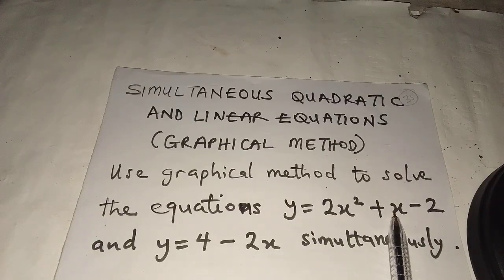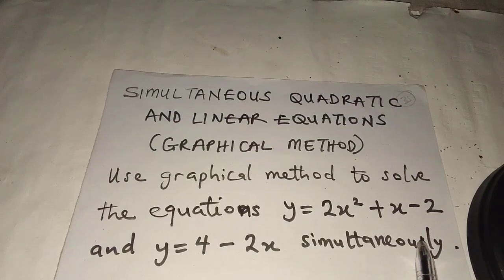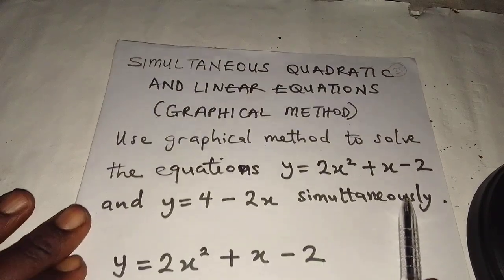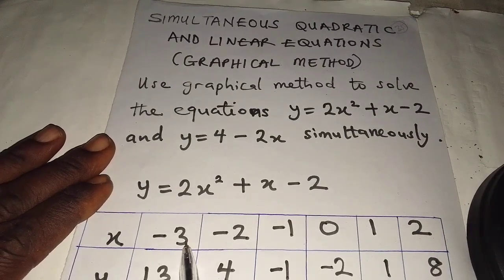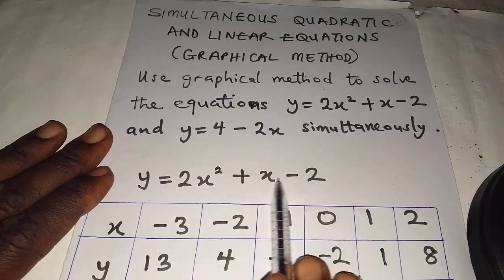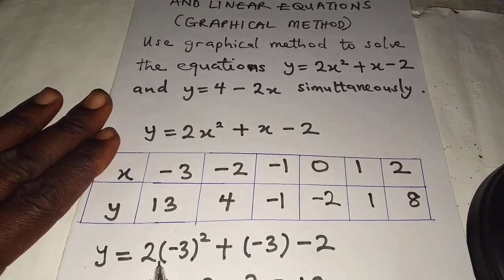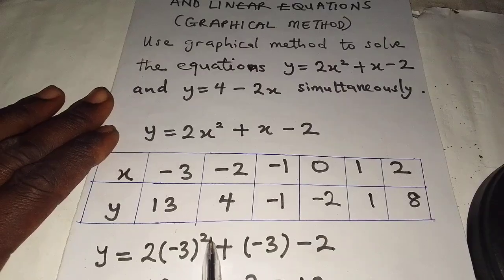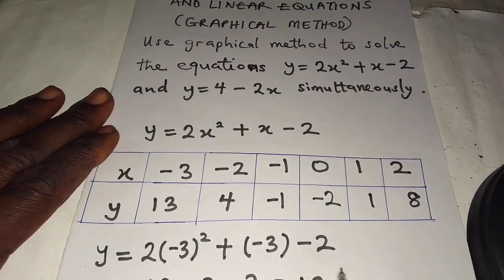First of all, we need to do the table of values for y equals 2x squared plus x minus 2. So now this is the table. When x is minus 3, what will be the value for y? You use this formula. In place of x, you put minus 3. So you have 2 into bracket minus 3 squared plus minus 3 minus 2.